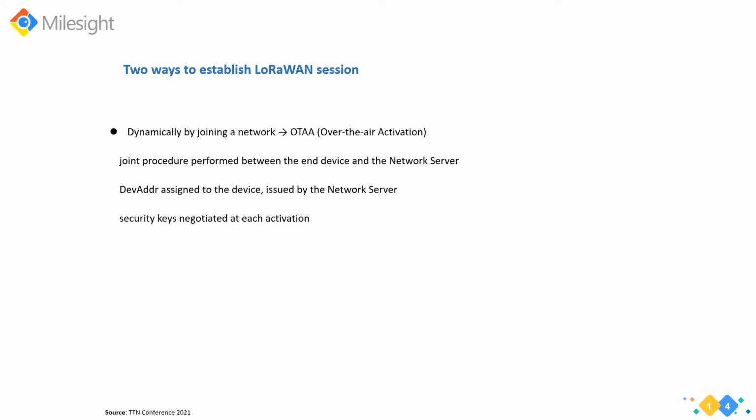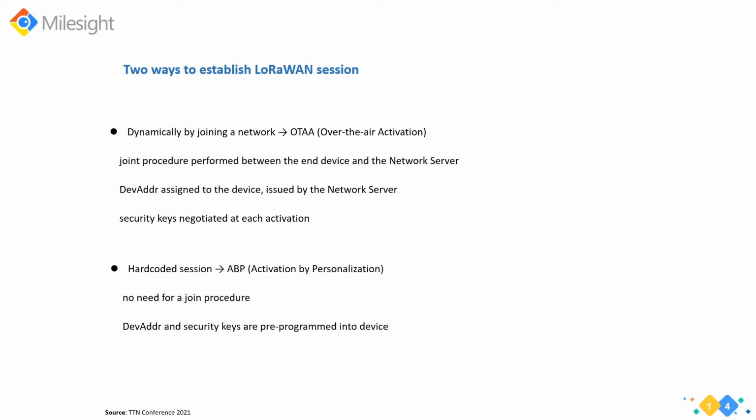The network server must perform some security operations to allow that join. So every time the end device joins a network, there is a new set of security keys, including a new network session key and a new application session key. That's the OTAA join procedure.